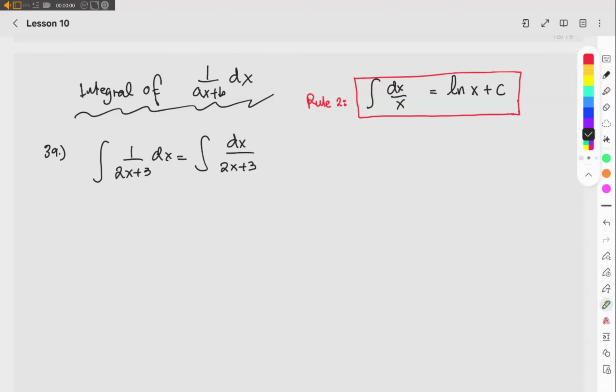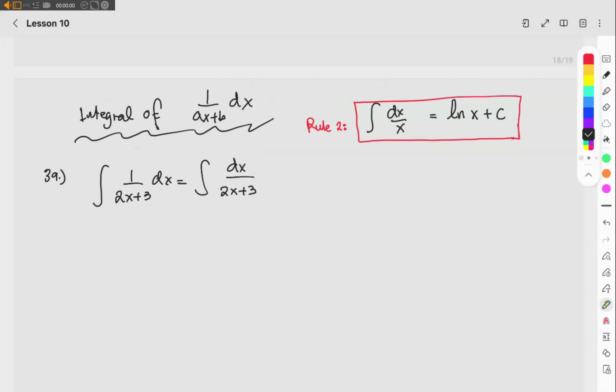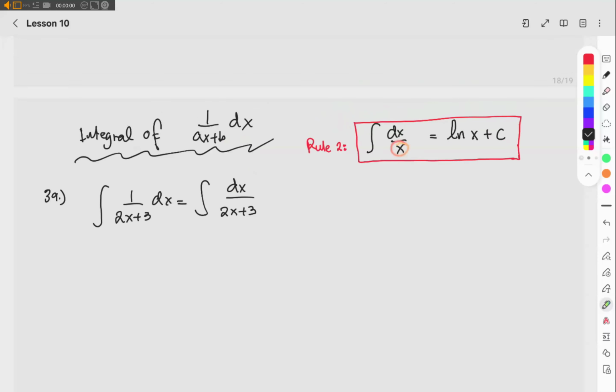When you take the derivative of the denominator 2x plus 3, what do you get? Just simply 2 dx. And you also have a dx on the numerator.